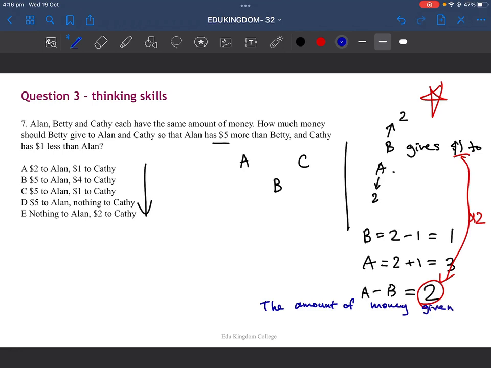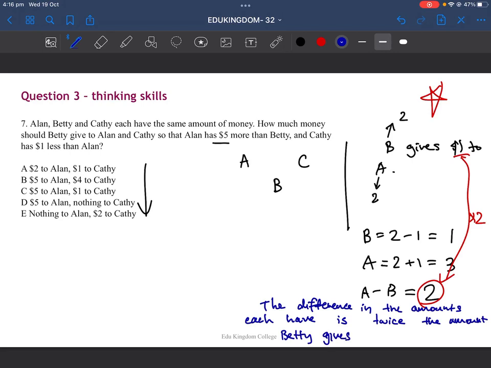The difference in the amount each have is twice the amount Betty gives to her friends.